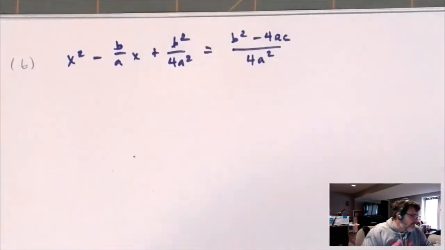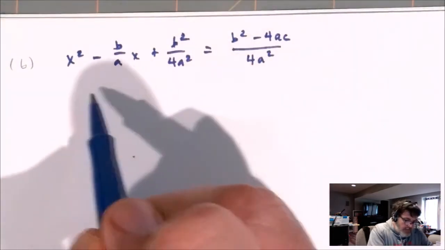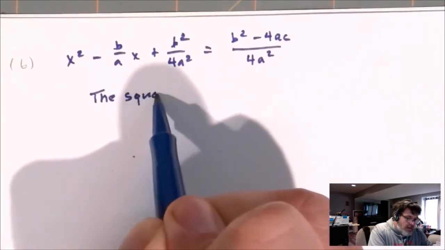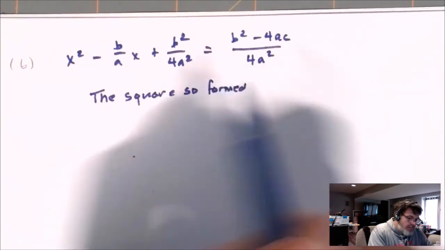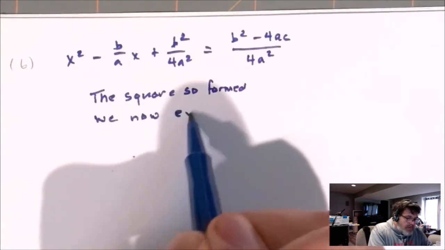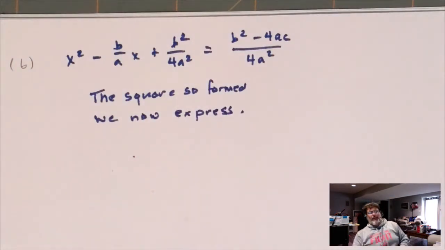Still line 6, nothing changed. Everything's been cleaned up. All right, so with a at 1 and c removed, take half of b and square and add. So here we go. Oh my gosh. The square so formed, we now express. How do you know this is a perfect square? Well, that's what completing the square is, right?